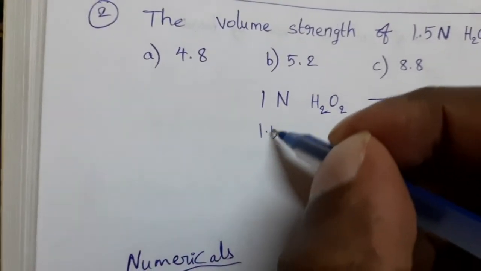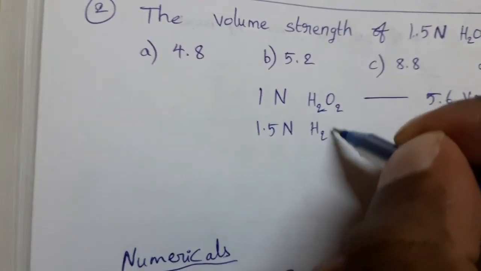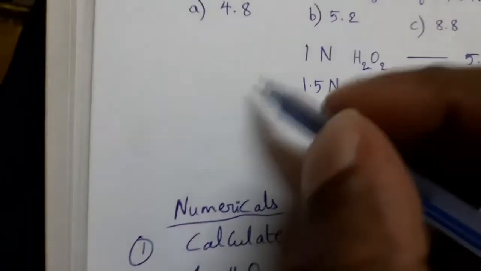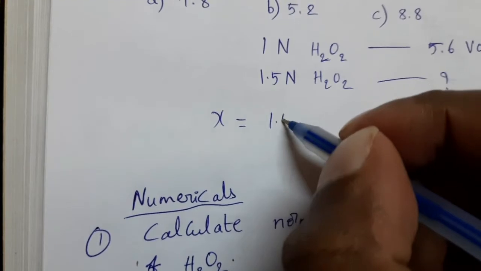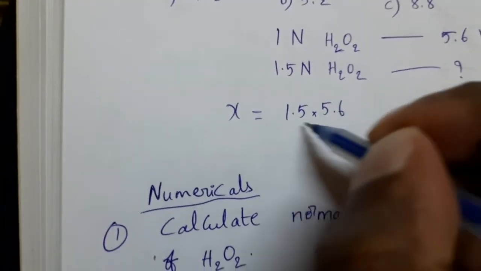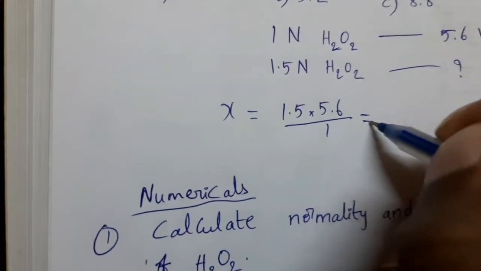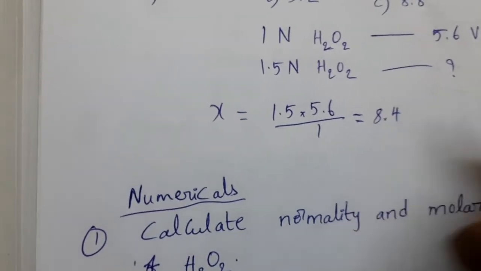Now 1.5 normal H2O2 means X equal to 1.5 into 5.6 by 1, that equal to 8.4.